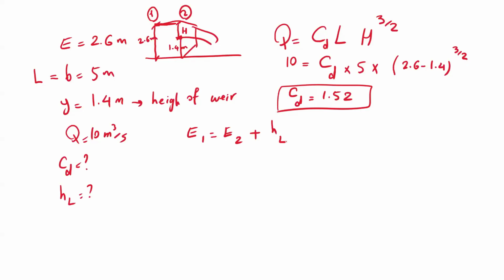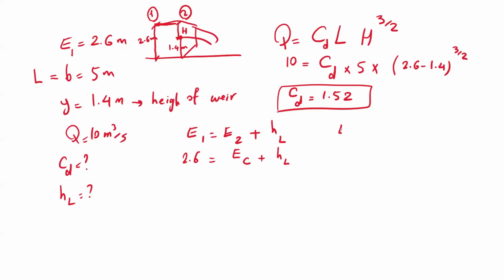Do I have E1? Yes, exactly here. It says that it's 2.6. I don't have E2. But do you remember that at the top of the weir, we use it as a control point? It means that something has happened there. It means that you can see a critical situation there. So I can say that this is EC plus HL, critical.